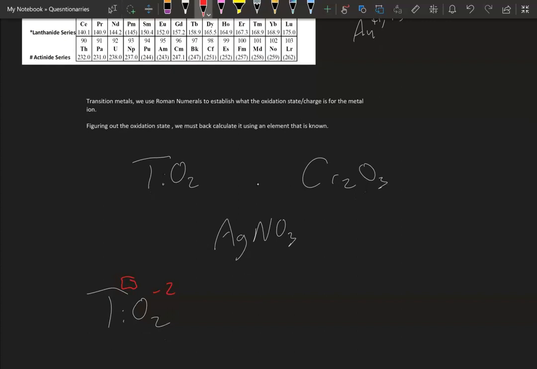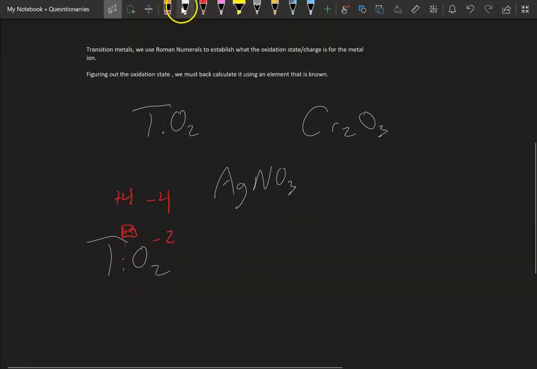There are 2 oxygens, so the overall negative charge is -4. What cancels out -4? +4. So if we look at the formula, there's only one titanium, so that one titanium has a +4 charge. In terms of naming that, we would write titanium (4) oxide.